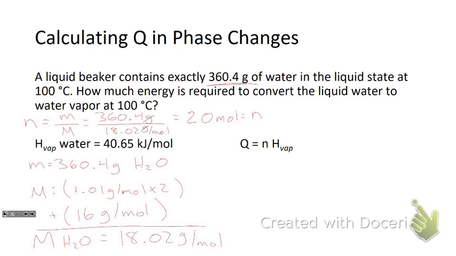Okay, we are given our heat of vaporization of water, which is right here, and you will be given that also on a formula sheet. So now that we have our moles and we know our heat of vaporization of water, we can just plug that into our formula and find our Q. So Q is equal to 20 moles multiplied by the heat of vaporization of water, which is 40.65 kilojoules per mole.